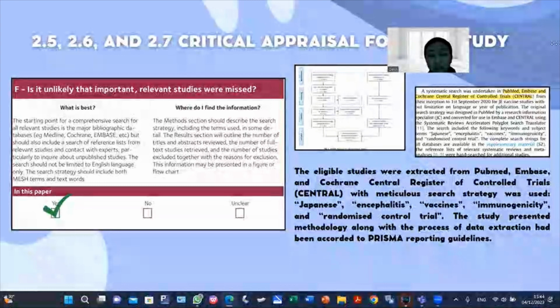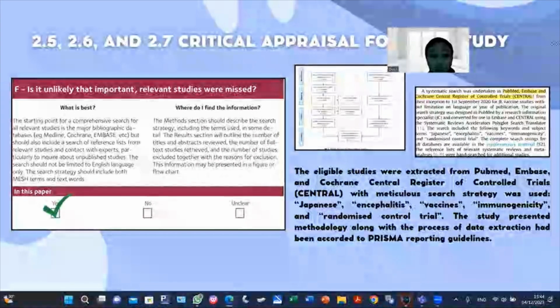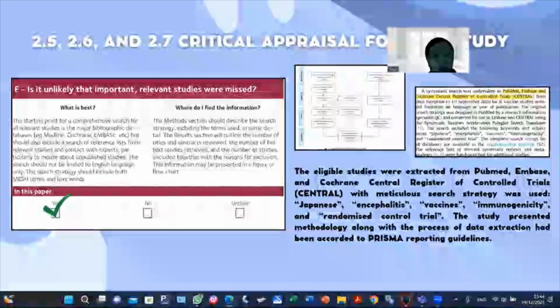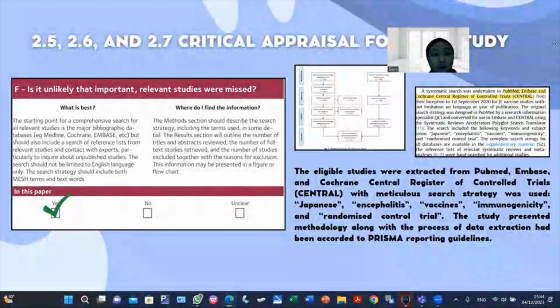I'm going to explain whether it is unlikely that important relevant studies were missed in this paper. What is best? The starting point for a comprehensive search for all relevant studies is the major bibliographic databases, for example Medline, Cochrane, Embase, etc. But it should also include a search of reference lists from relevant studies and contact with experts, particularly to inquire about unpublished studies. The search should not be limited to the English language only. The search strategy should include both MeSH terms and text words. Where do I find the information? The methods section should describe the search strategy, including the terms used, in some detail.